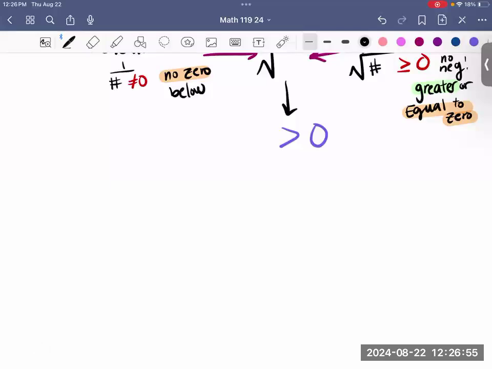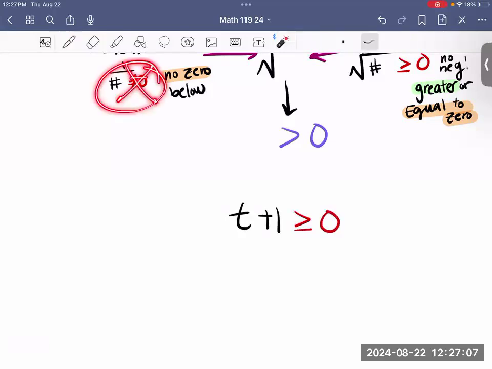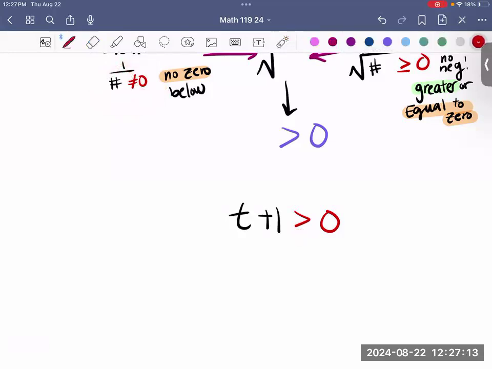So if we have t plus 1, instead of saying greater than or equal to 0 as we did in the past, we said the denominator can't be equal to 0, so we're just going to take away that equals sign. So we have t is greater than -1.